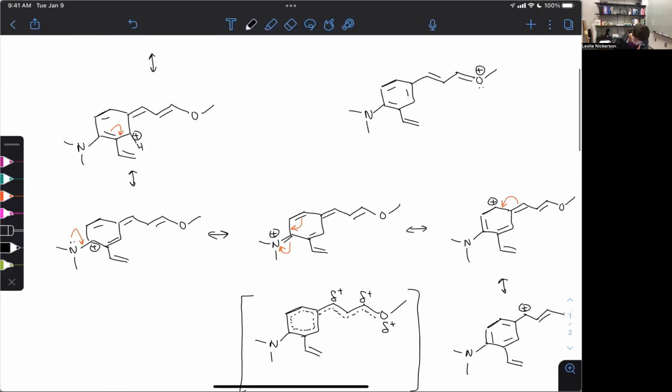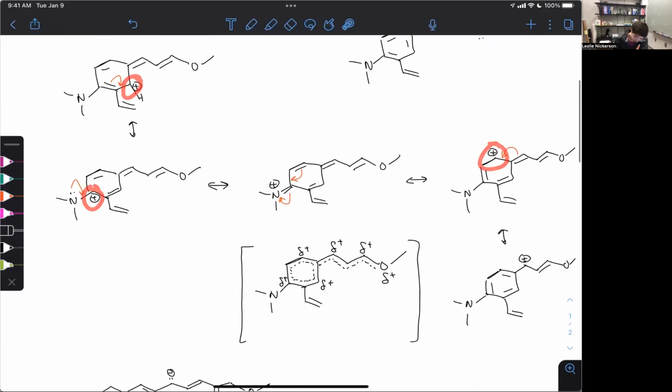And we were able to put positive charges here, here, and here. Okay, we have here, here, here. And then we also had our nitrogen get involved. So we had a little double bond there and a delta plus on the nitrogen. Okay, so if you look at this resonance structure, we are effectively sharing that positive charge over 1, 2, 3, 4, 5, 6, 7 atoms. Okay, it's not just stuck on one.